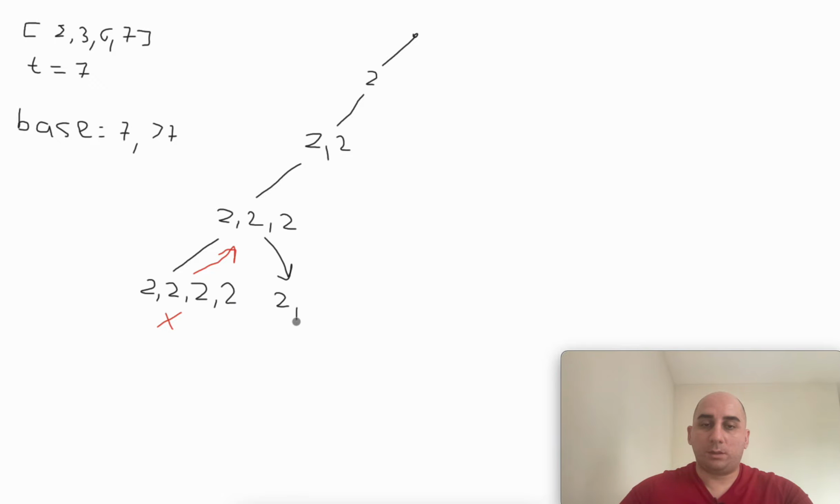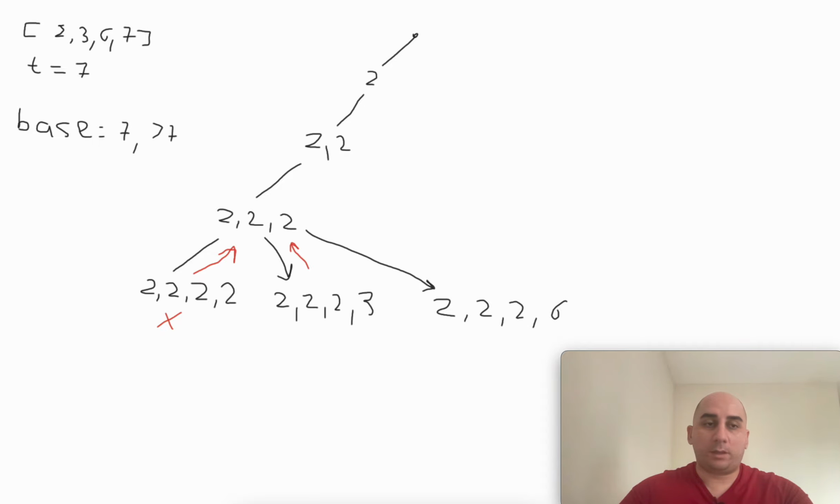So basically 2, 2, 2, and 3. In this case we are again backtracking from our solution. Another one is 2, 2, 2, 6.